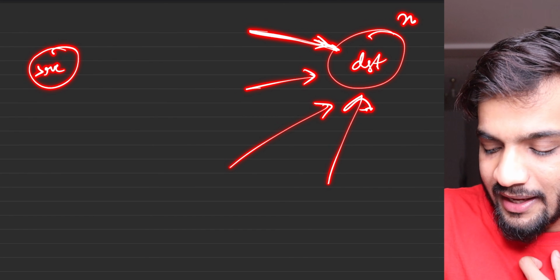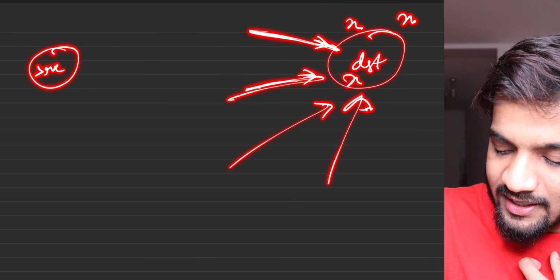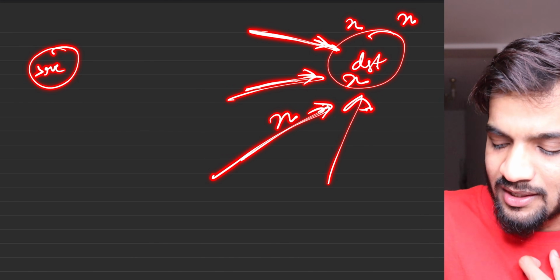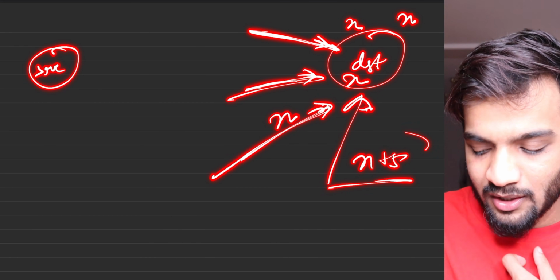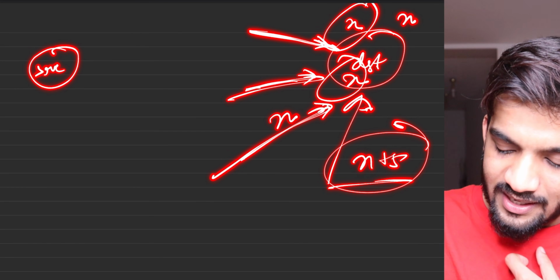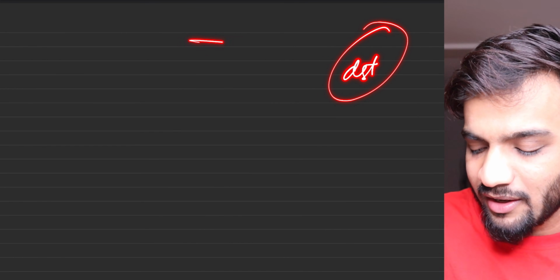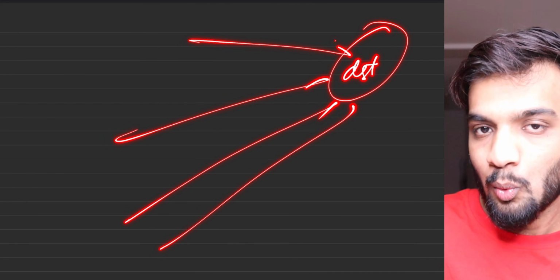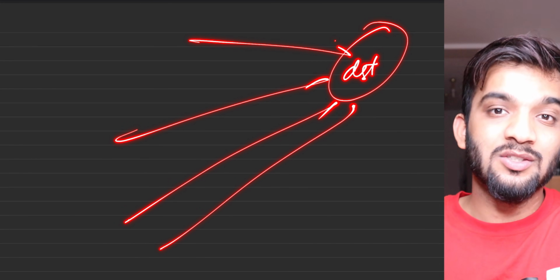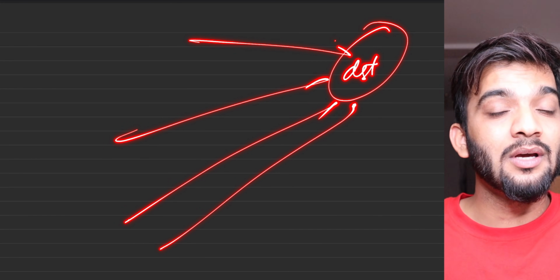This is also taking x, this is also taking x, this is also taking x, and assume this takes x plus 5. So x, x, x, 3 paths. So the number of times someone reaches the destination with the shortest path is what I'll count. That can be an intuition.